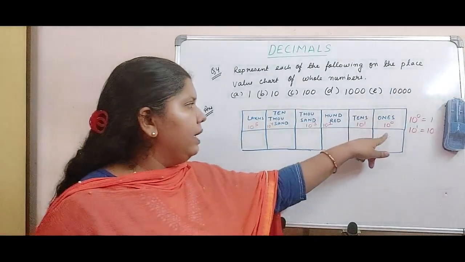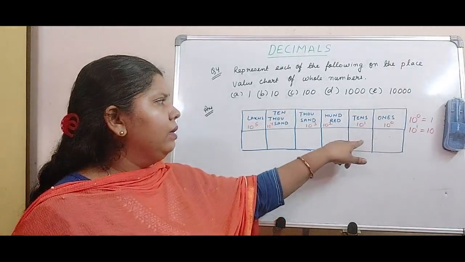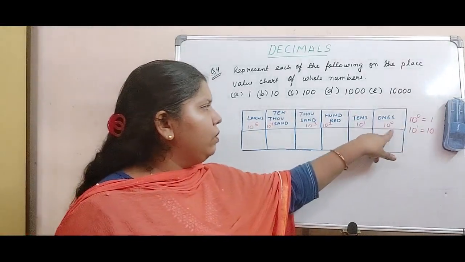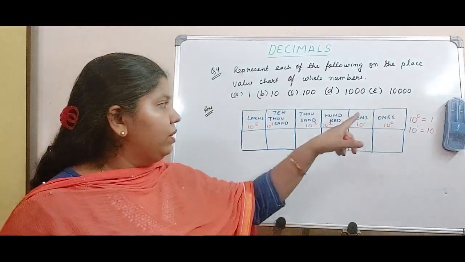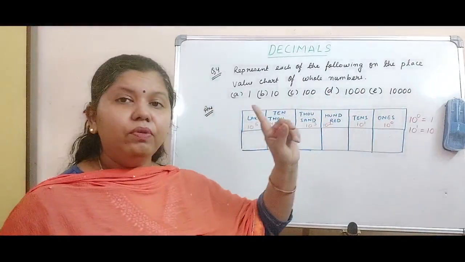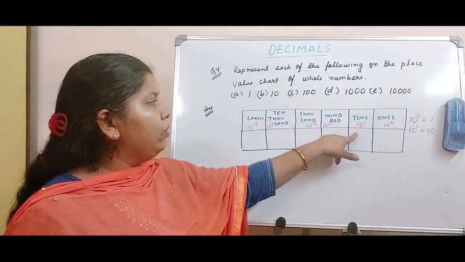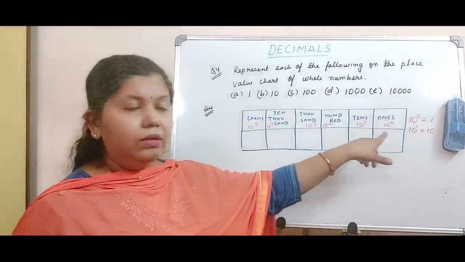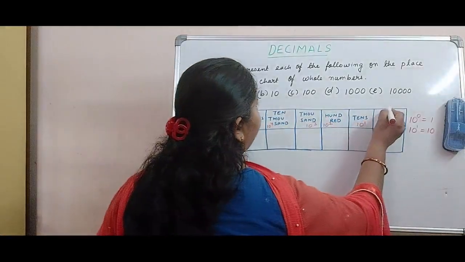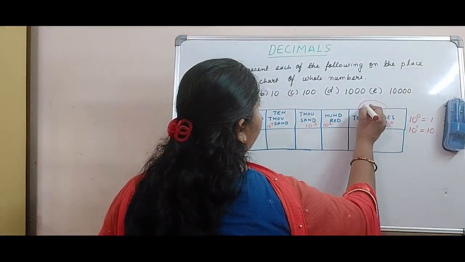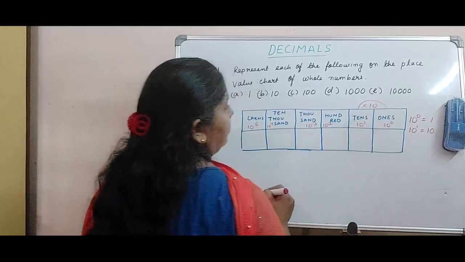For example, this is 10 to the power 0, that is 1. If I multiply 10 with 1, what will I get? The answer will be 10. And we know that 10 to the power 1 means it is 10. So we got 10. That means from here to here, when you move, you have to multiply by 10.